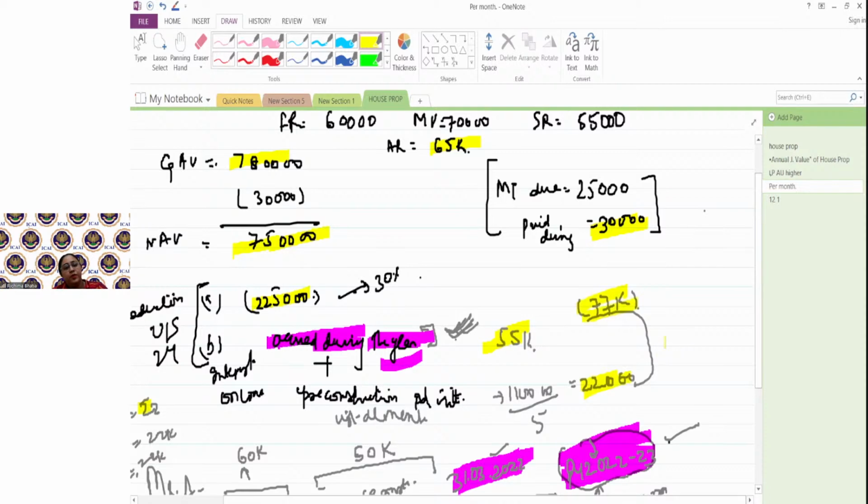So my income from house property is 7,50,000 minus 30% of standard deduction under section 24 clause A minus 77,000, which comes to 448. So the total income from let-out property is 448.